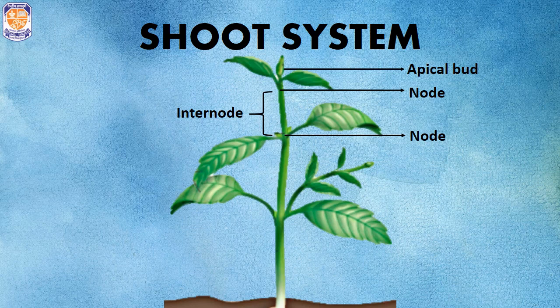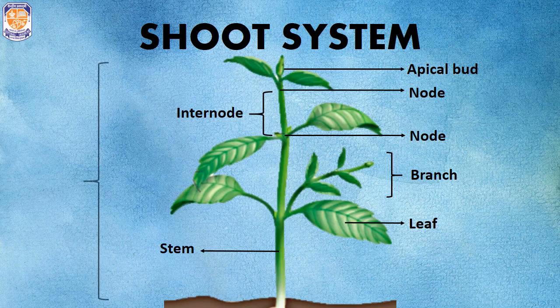Only the nodes let the different leaves and branches grow from the stem. Then this is a branch. Again you can see this branch is also arising from another node. This is a leaf, again arising from the node, and this is the central stem. So this entire part which is above the ground forms the shoot system of the plant.